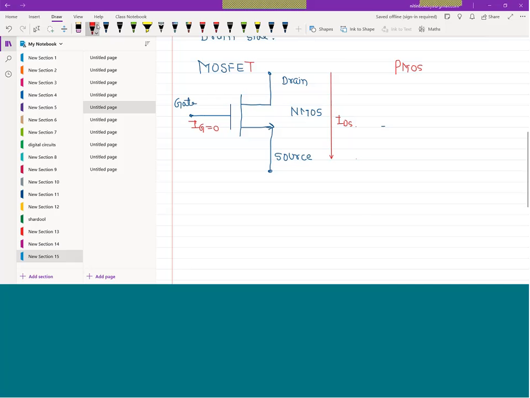Now one more is PMOS, and the symbolic representation for PMOS is given by this.